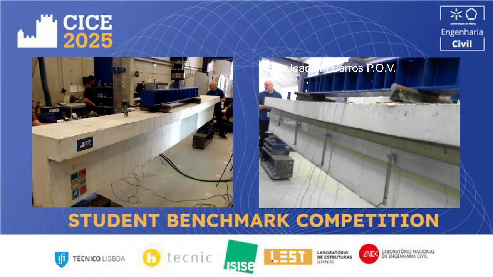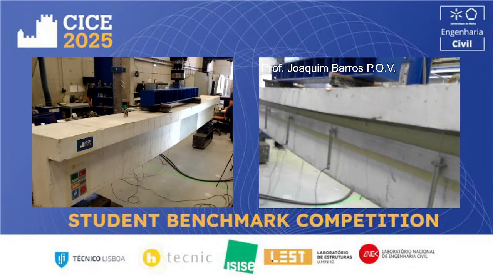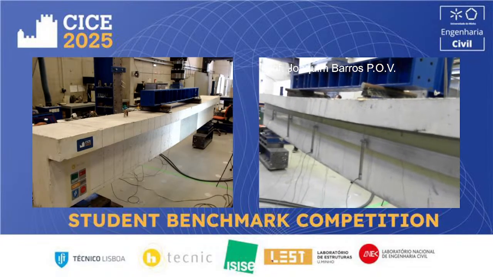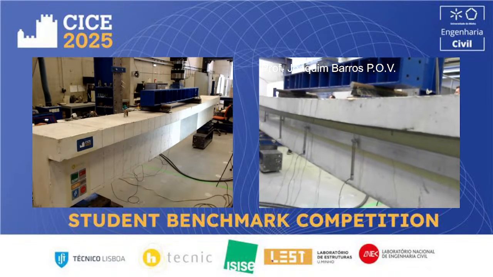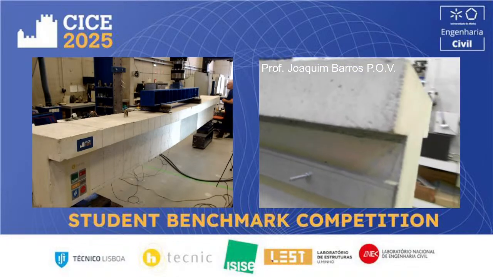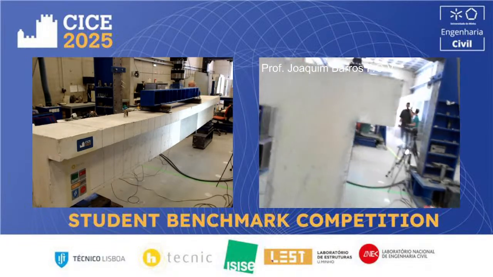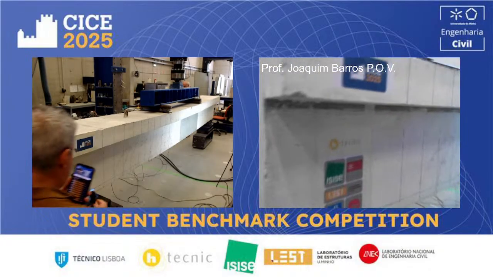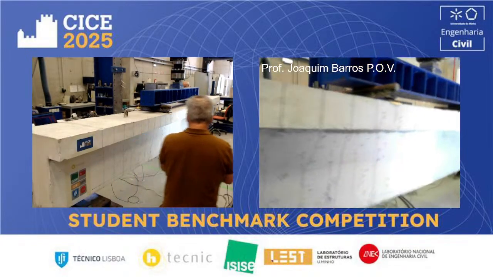Well, we will see if the beam will attain the same load carrying capacity as the previous one. As we know, concrete is a heterogeneous material, but we will see. We never know.